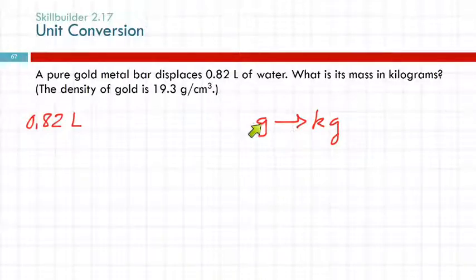If I could get to grams, then I can convert from cubic centimeters to grams. I'm working this one kind of backwards. And then liters to cubic centimeters.